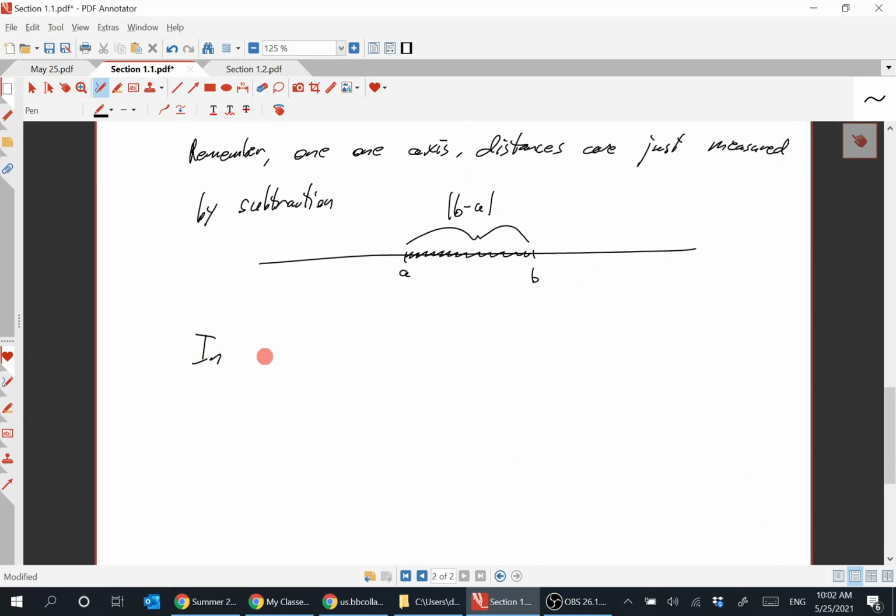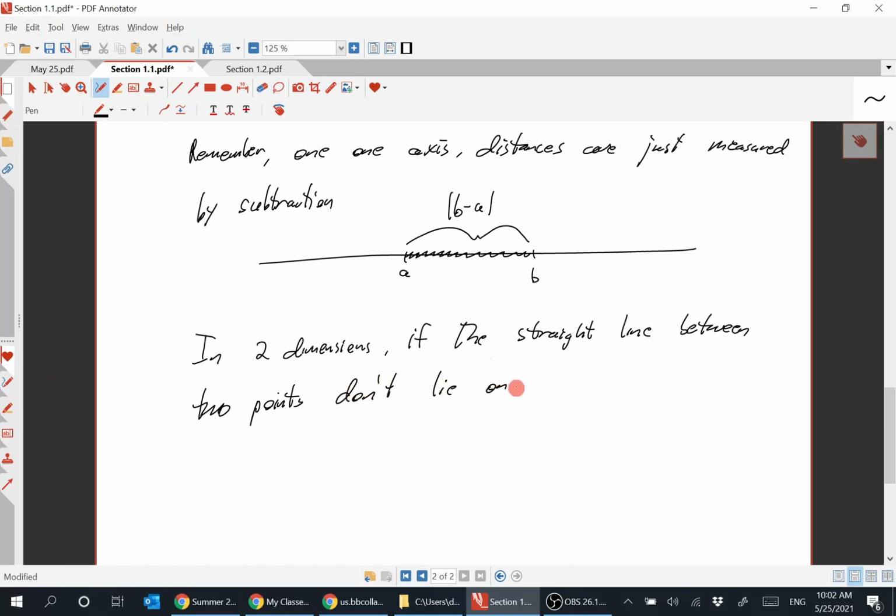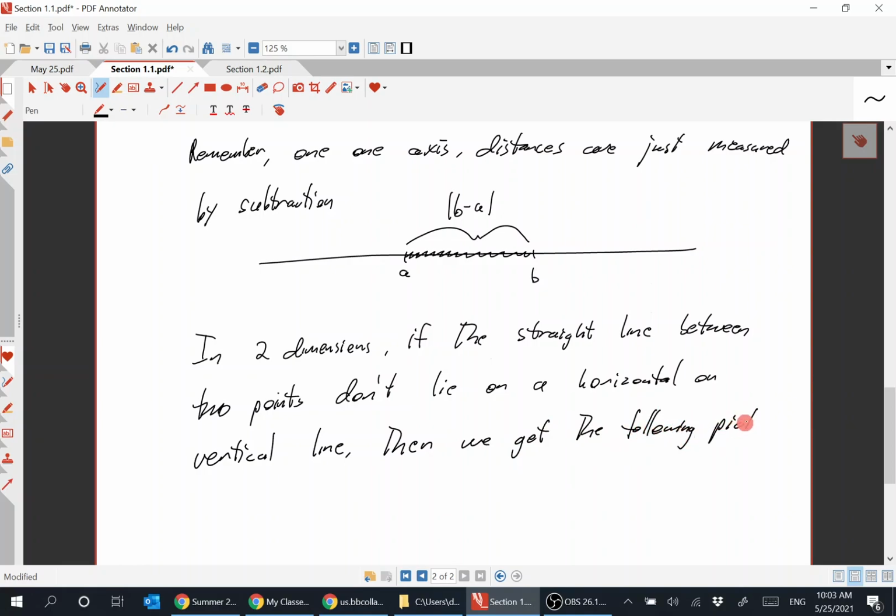So in 2 dimensions, if the straight line between 2 points doesn't lie on a horizontal or vertical line, then we get the following picture of a right triangle.